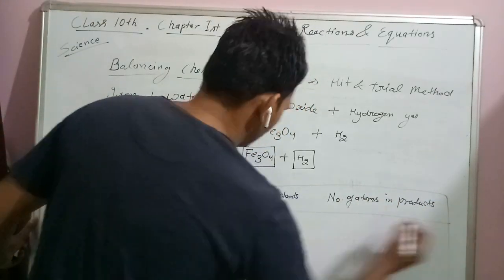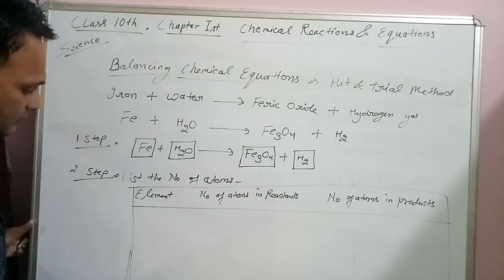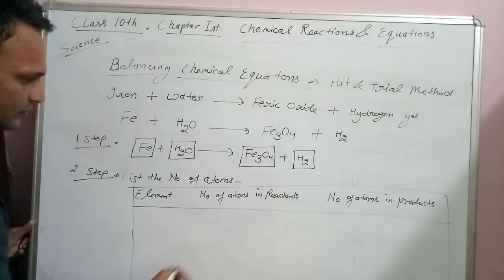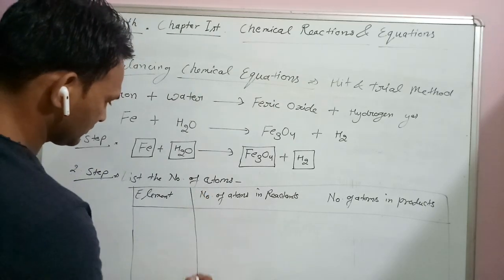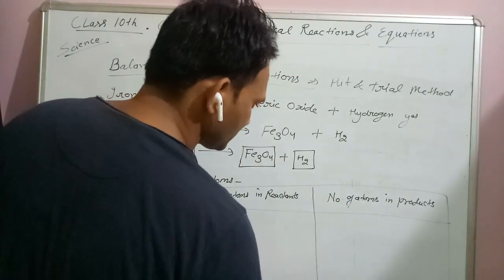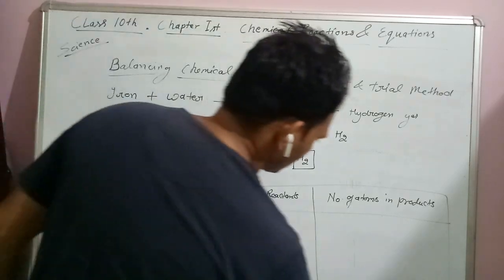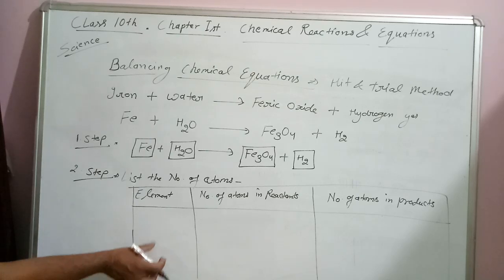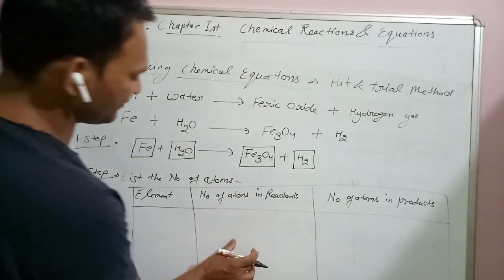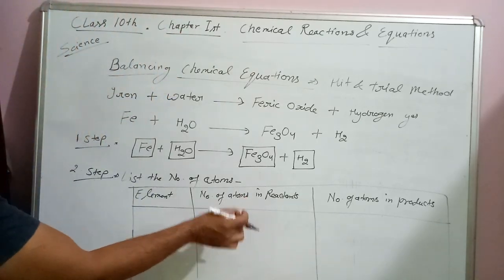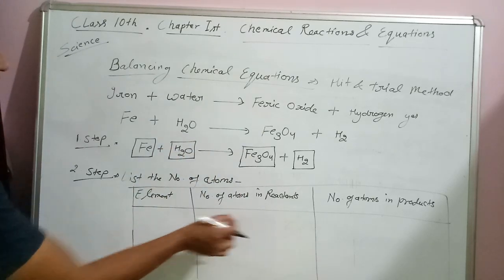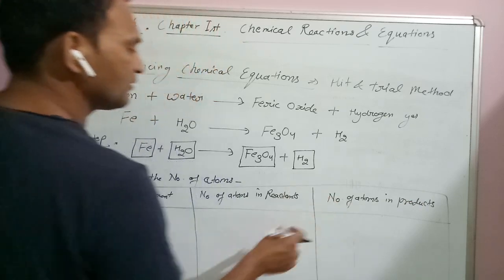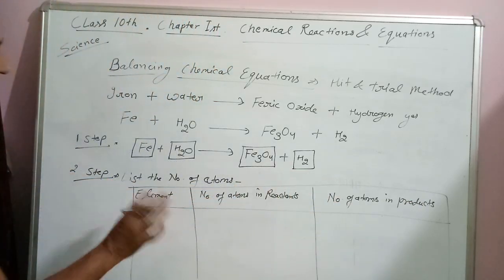Here we write the symbol of the element, and here we write the number of atoms present in the reactant for this element, and the number of atoms present in the products for this element.